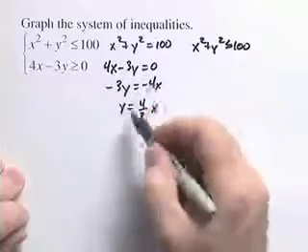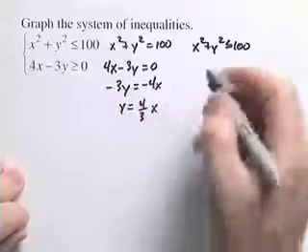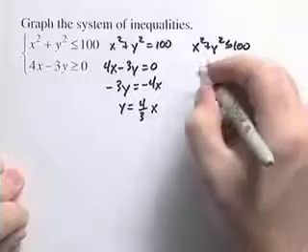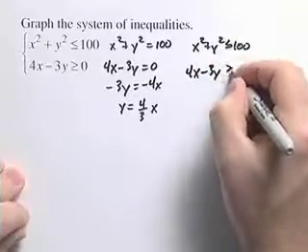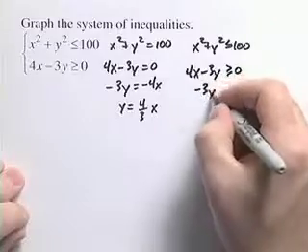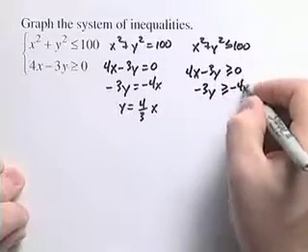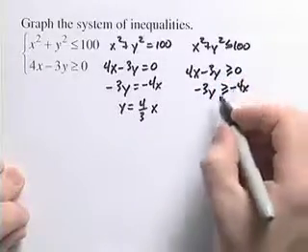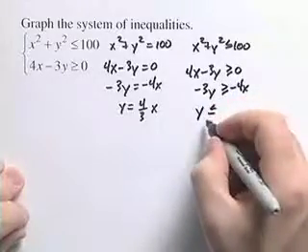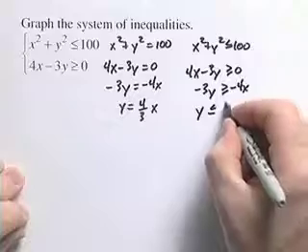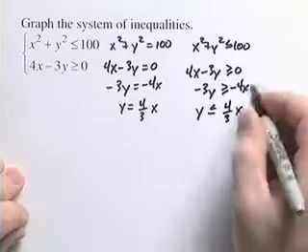And for our linear inequality, if we solve it the same way we did with the equation, 4x minus 3y greater than or equal to 0, negative 3y is greater than or equal to negative 4x. And if we divide both sides by negative 3, we have to switch the direction of our inequality. And so we're really looking to graph the inequality y is less than or equal to 4/3 x.